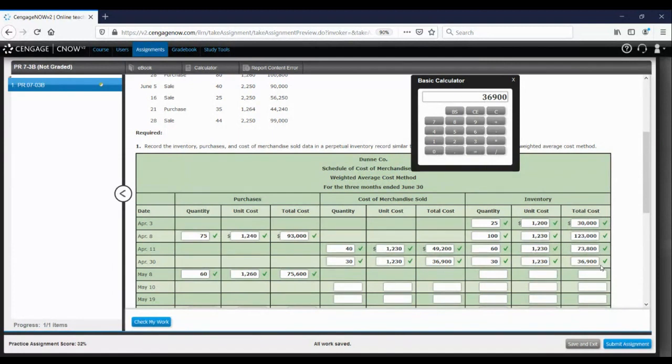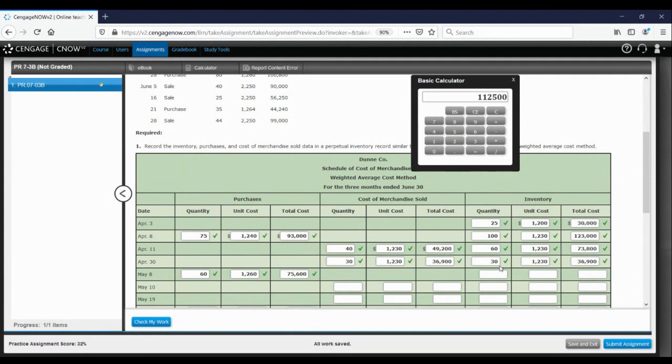You're going to have to add your ending inventory cost on April the 30th to the total cost of what you just purchased. So 36,900, we're going to add to that 75,600. And that's going to give us a total cost of our inventory of $112,500.